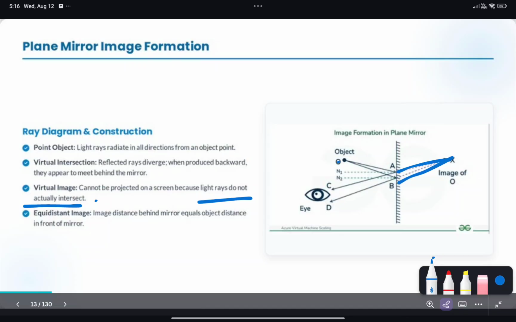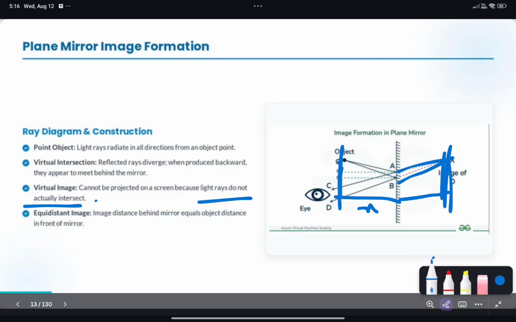See, here the image is formed. Object here. This is the object. This is the image. Equidistant image. Image distance behind the mirror. The distance from the mirror to the image is equal to the distance from the object to the mirror.